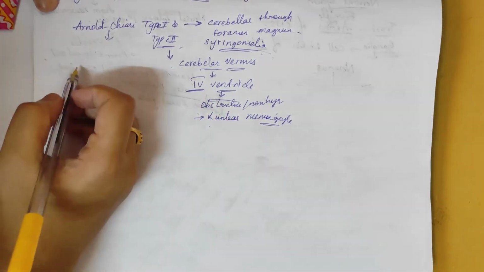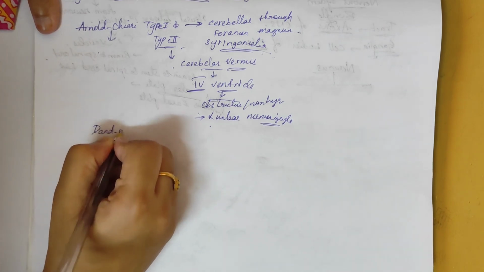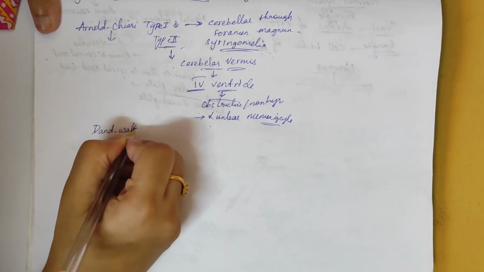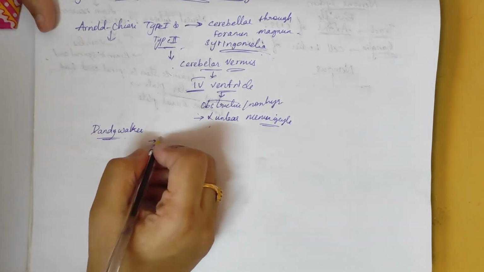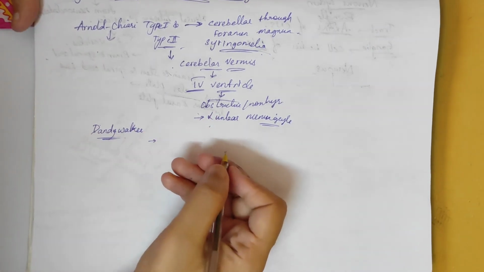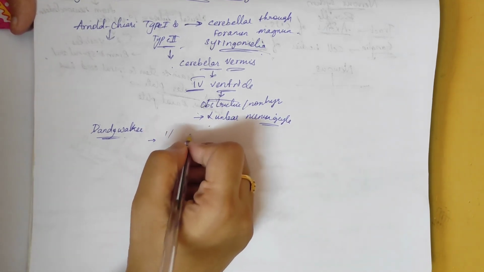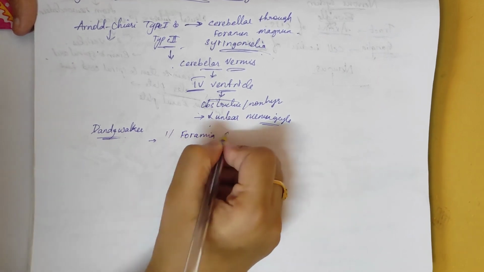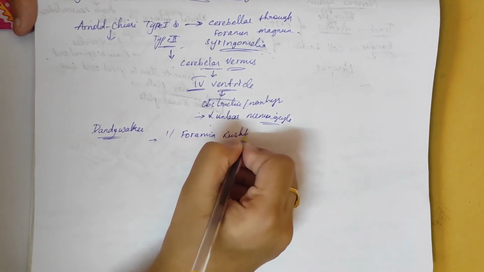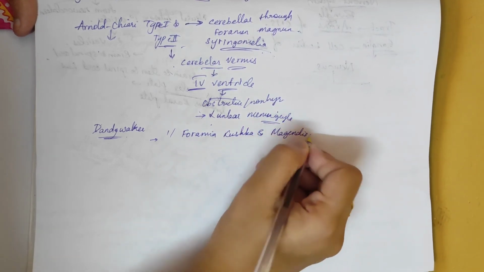And next, Dandy Walker syndrome. Dandy Walker malformation, whatever. So this is basically congenital absence of one or more foramina, that is failure of the foramina of Luschka and Magendie to open.